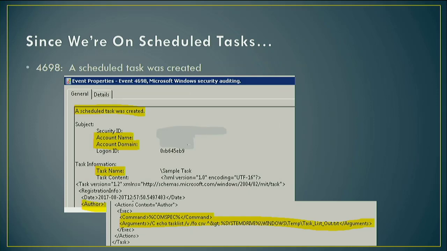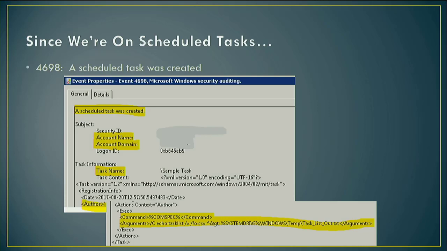Since we were talking about scheduled tasks, there's also something here. I love scheduled tasks for detecting persistence because the bad guys are using it. They've moved away from the run keys, right? I mean, yeah, sure, you still find them. I had a case recently where all the LNK, or the link files, their arguments had been modified to respawn the malware that they had planted on the machine.